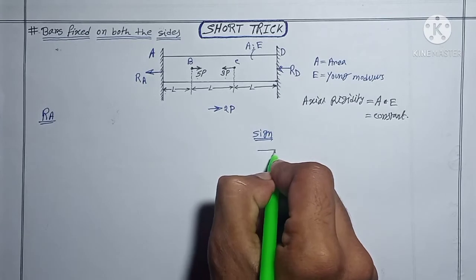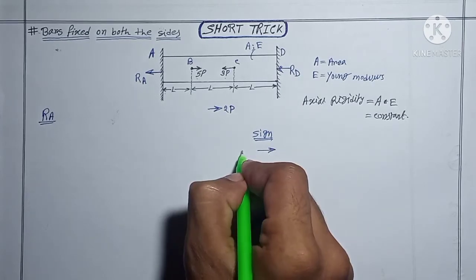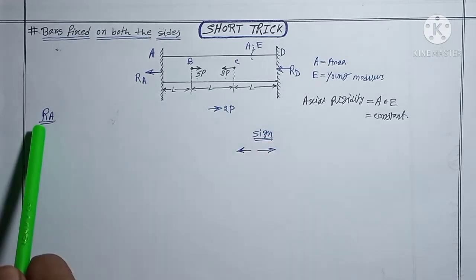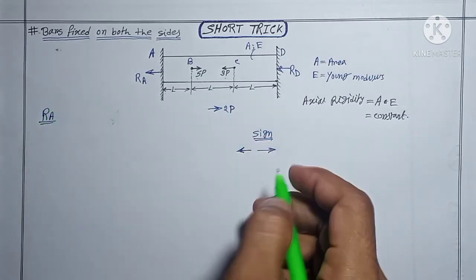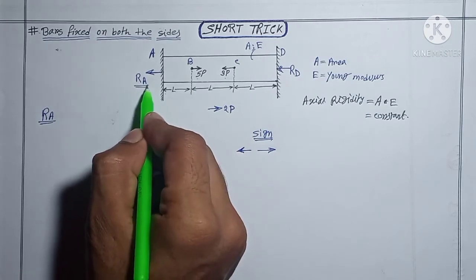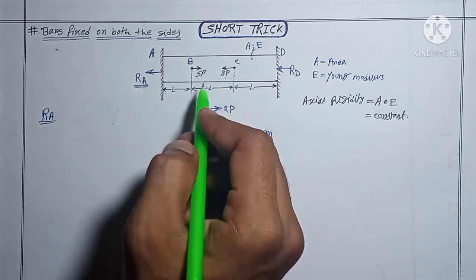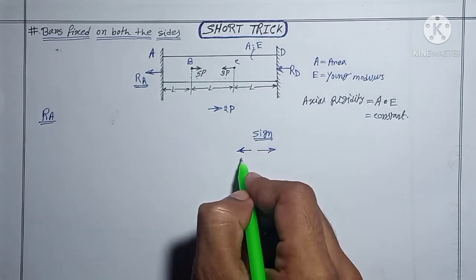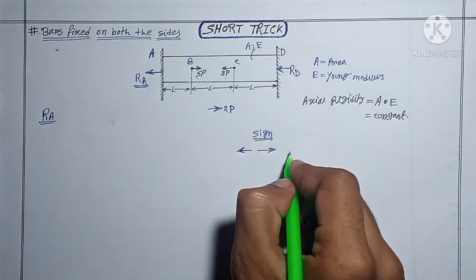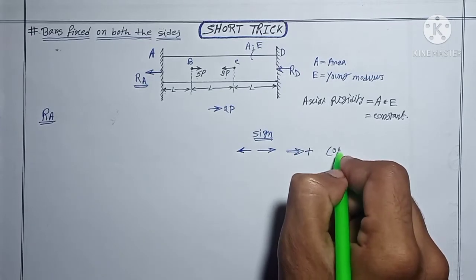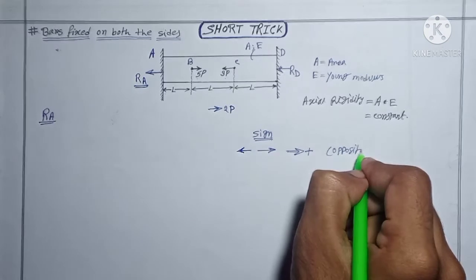If the forces are opposite in direction with respect to the force we have to find, here RA, then with respect to RA this 5P is opposite, so we take it as positive when opposite to each other.